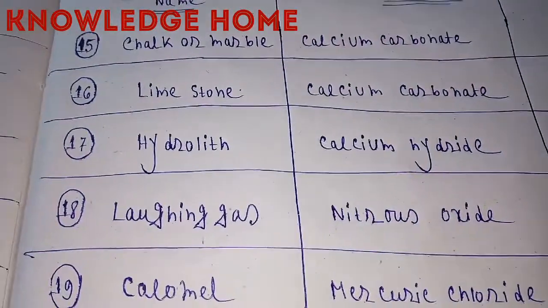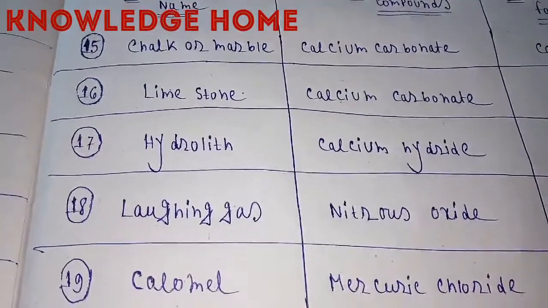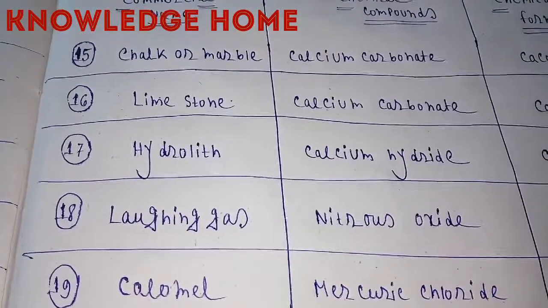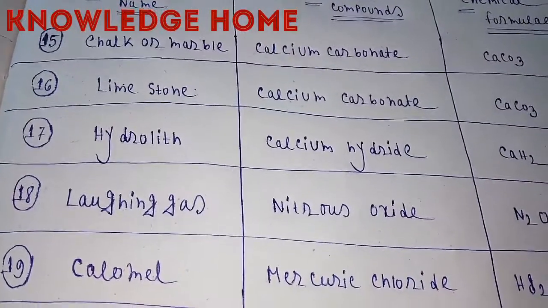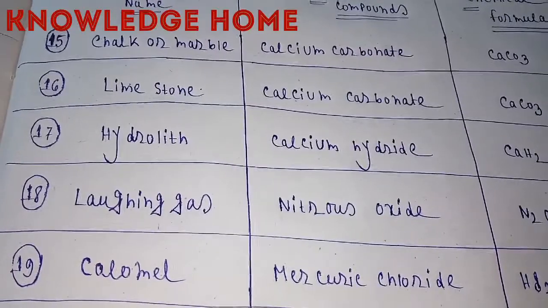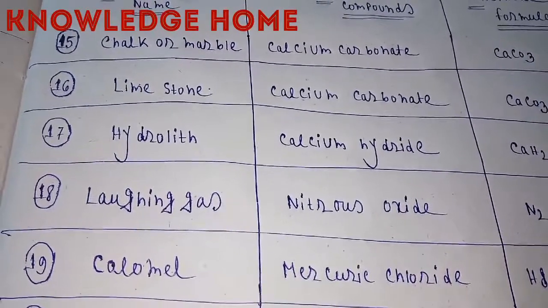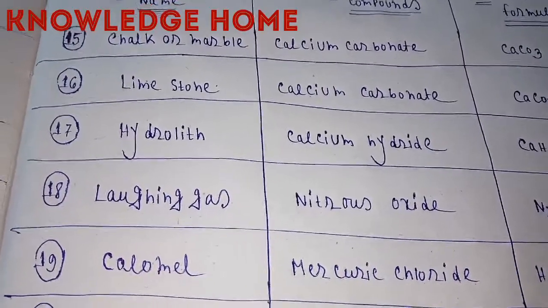The next one is limestone. Chemical compound calcium carbonate, and the chemical formula CaCO3. Chalk or marble and limestone have the same chemical formula and the same chemical compound.